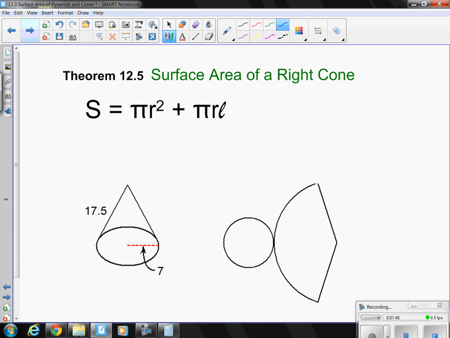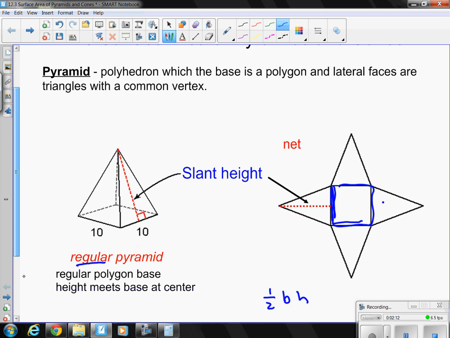Alright, surface area of a right cone is going to be similar. We're going to use L, the slant height. Pi r squared is the area of the circular base, plus pi r L. And what happens is, if you remember that formula for the area of a triangle is 1/2 the perimeter times the slant height in this last theorem.